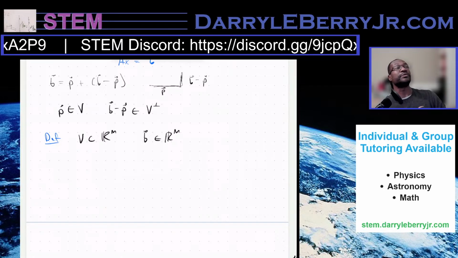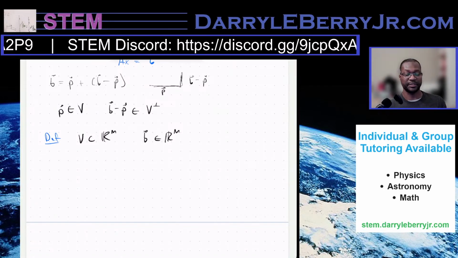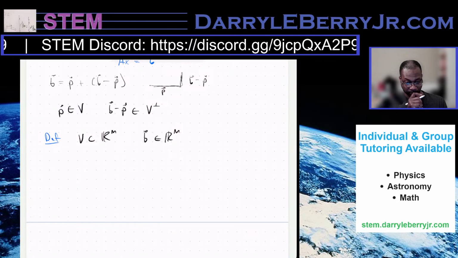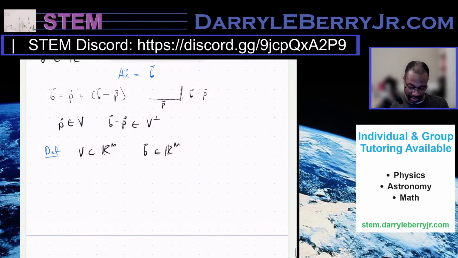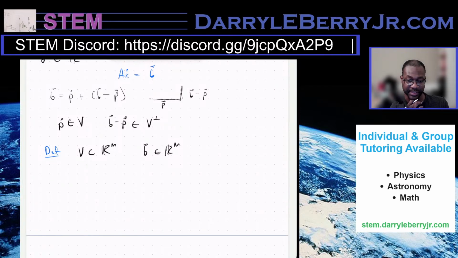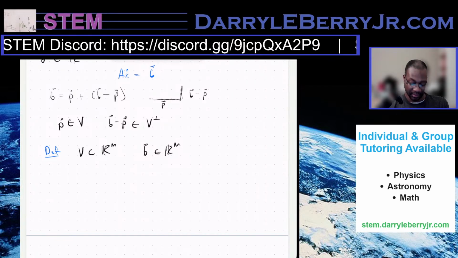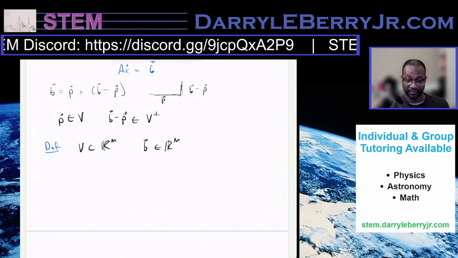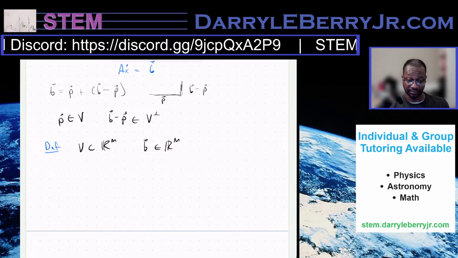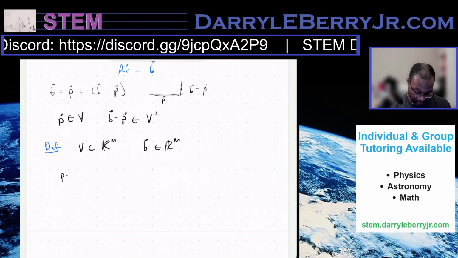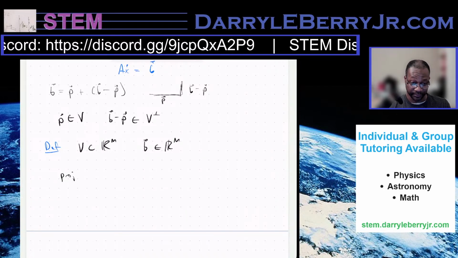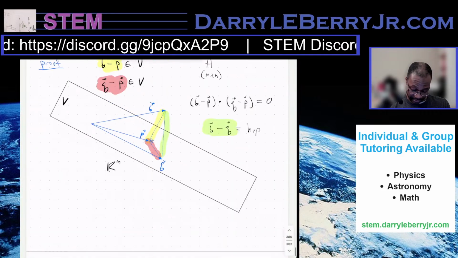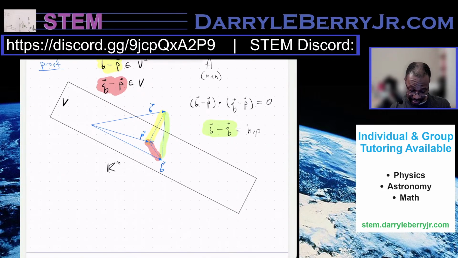So the column space spans V. I'm still not putting my finger on how the Rm relates to the subspace V. We define the projection of B onto V, which is going to be P. Projection onto V of B equals P, going back to this illustration here.